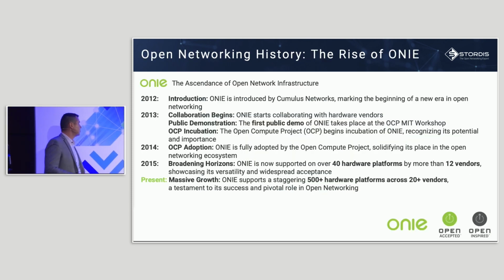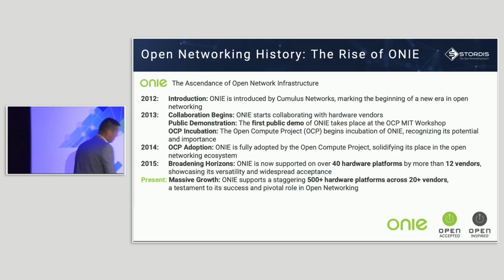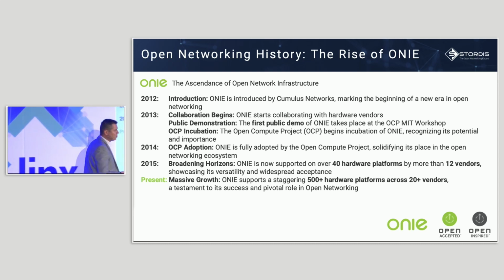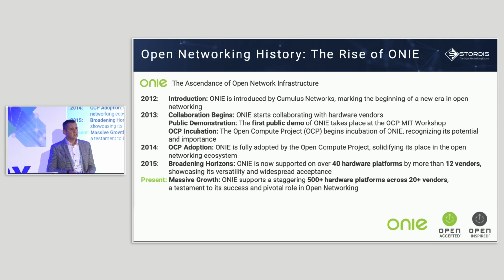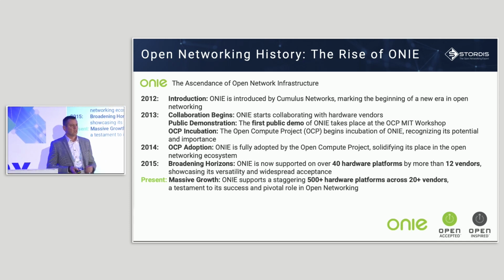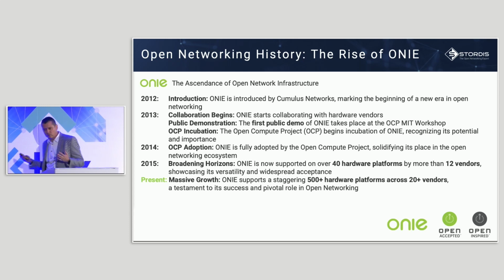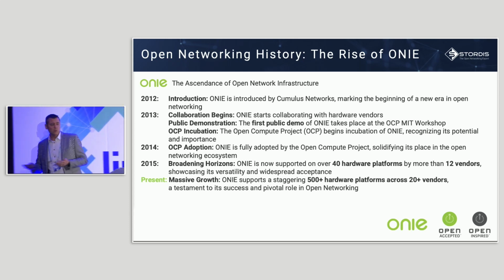The history of open networking reaches back to 2012. That was the time when the guys from the company called Cumulus Networks introduced a little piece of software called ONIE, Open Network Install Environment. Based on that software, we were able to take the whole software stack out of the hardware. The concept is well known.